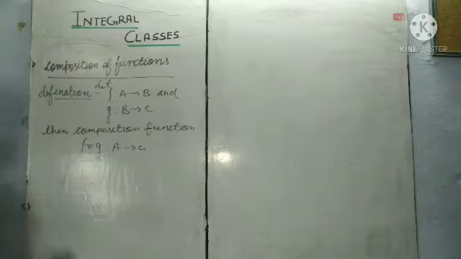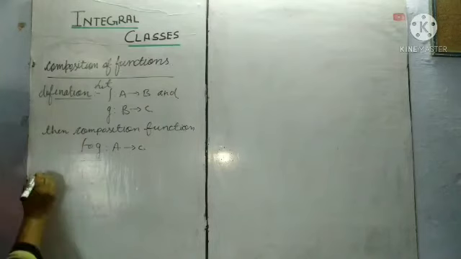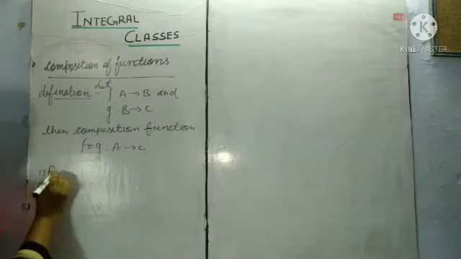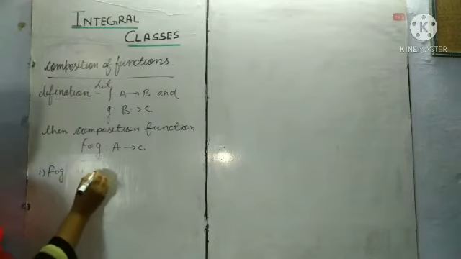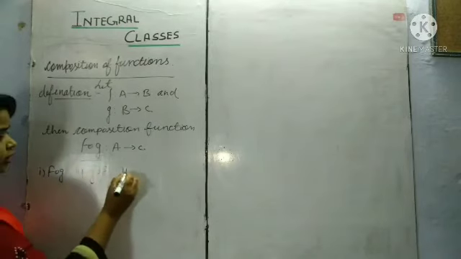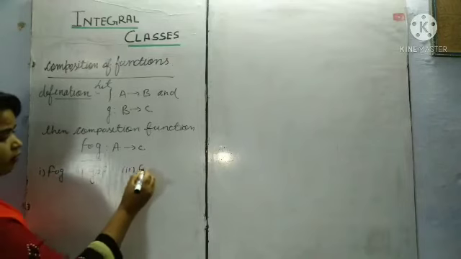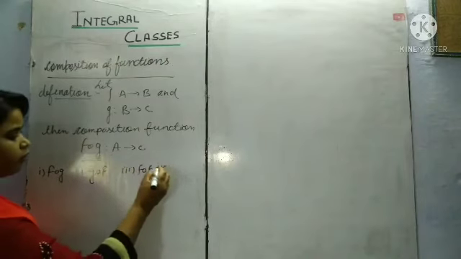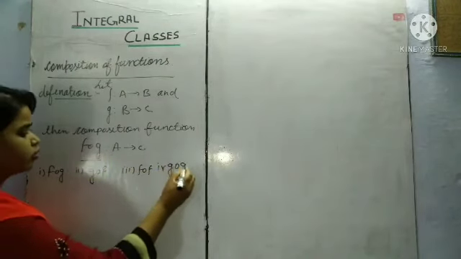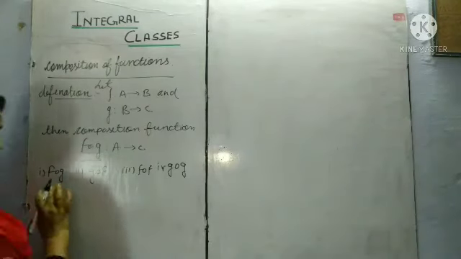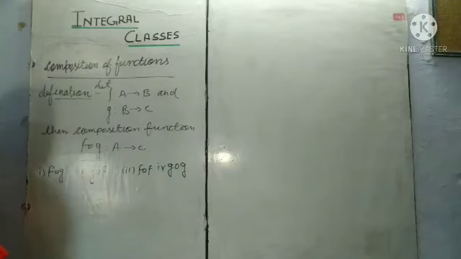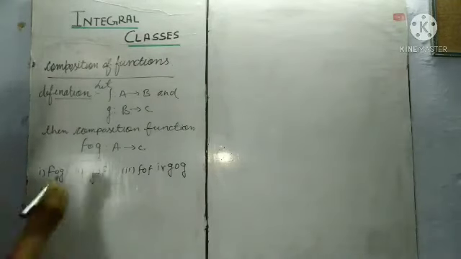Now we will discuss four types of composition function. First is fog, second gof, third fof, and fourth gog. So students, I will explain this composition function through an example.